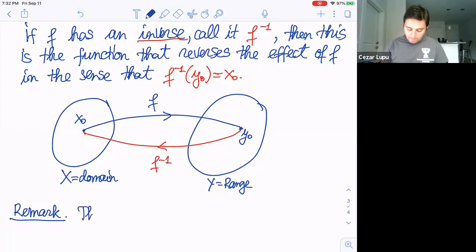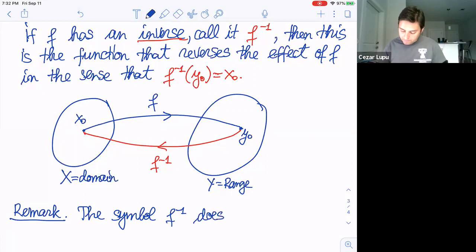The symbol f to the -1 here, like we said for inverse, does not mean one over f. Please, that's not what we mean. It's just a notation for the inverse.